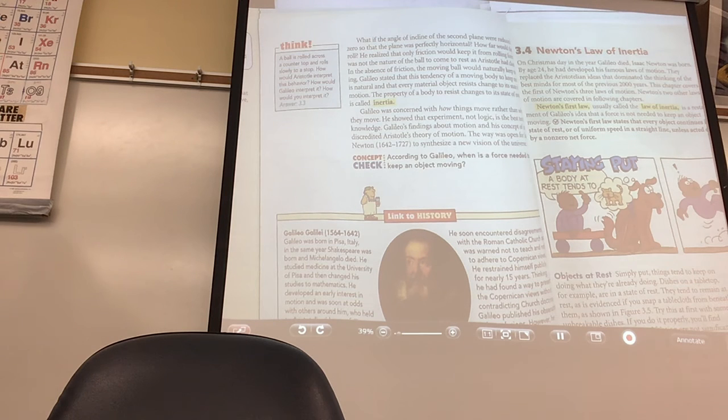Another thing Galileo got in trouble with is one of the dialogues that he wrote. It was kind of like the way the Pope thought. The character named Simplicio didn't come across very smart in the book, so people said to the Pope, that's you, Pope, he's trying to talk about you.